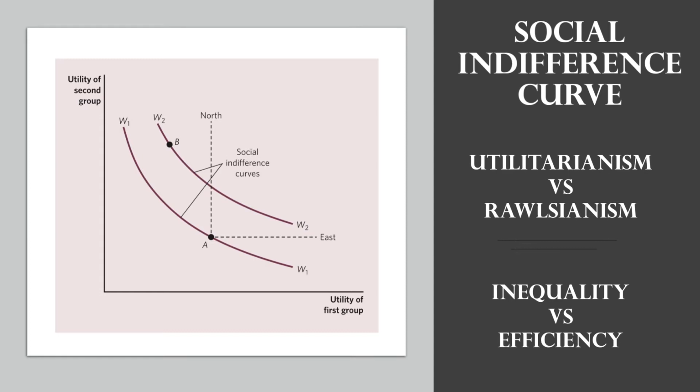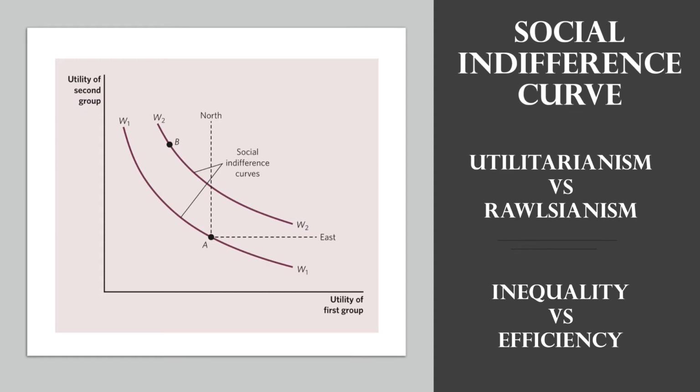And so that's utilitarianism, by the way. Jeremy Bentham, the great philosopher and economist, is the one that we credit with utilitarianism, the greater good for the greater number type of thing, maximizing welfare based on utility.